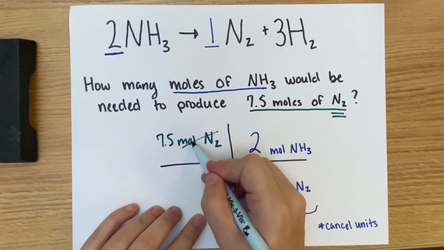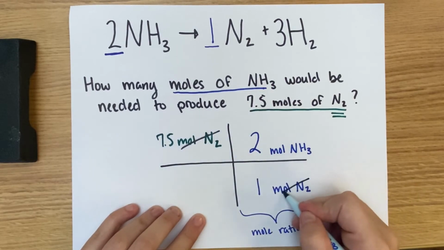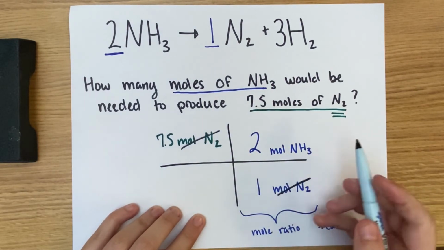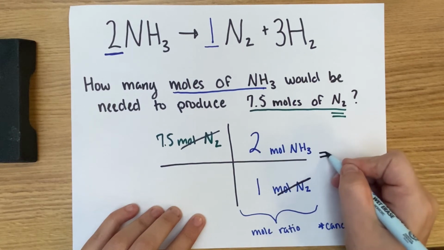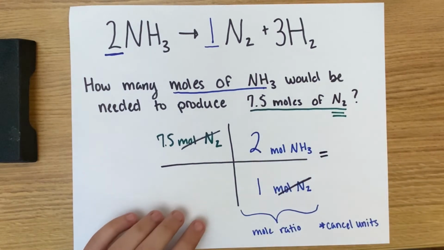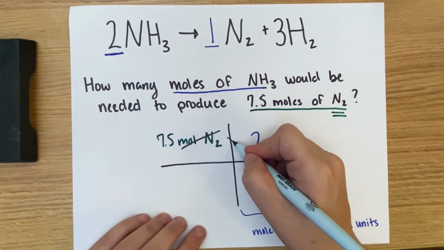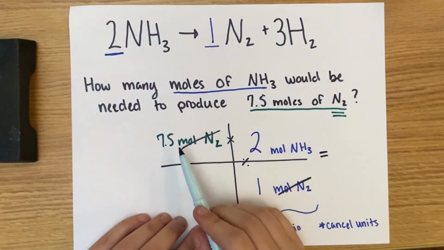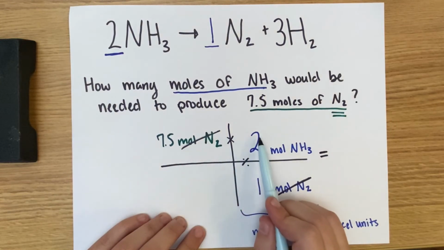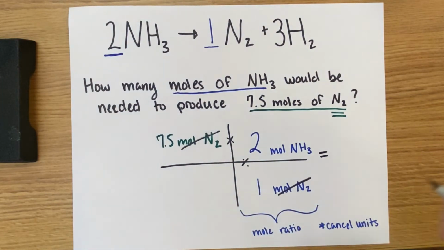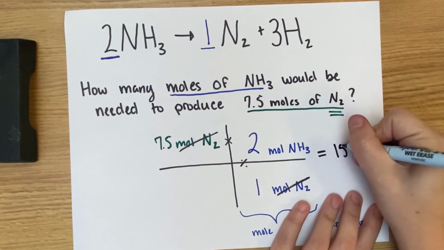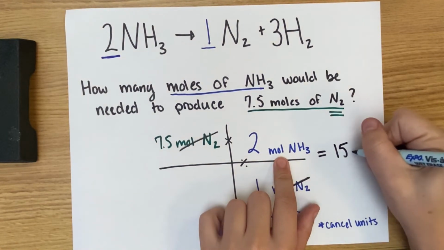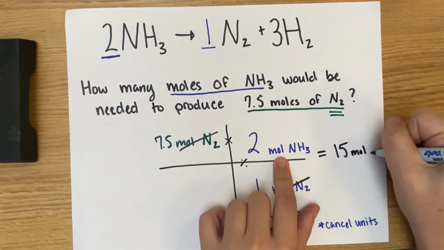Always going to show that those units cancel and we're left with moles of NH3. So to find my answer, I'm going to multiply the numbers on the top, divide by the number on the bottom. So I have 7.5 times 2 divided by 1. That gives me an answer of 15, and my units are moles of NH3.